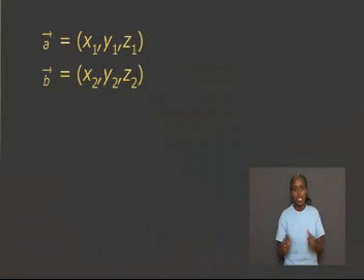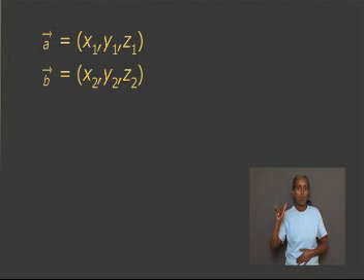Hello again, students. Were you able to work through this proof on your own? Let us look at the answer together. First, let us assume that vector A is located at coordinates x1, y1, and z1, and that vector B is located at coordinates x2, y2, and z2.